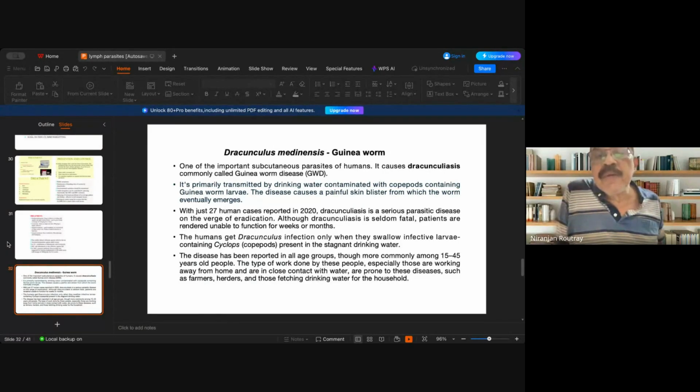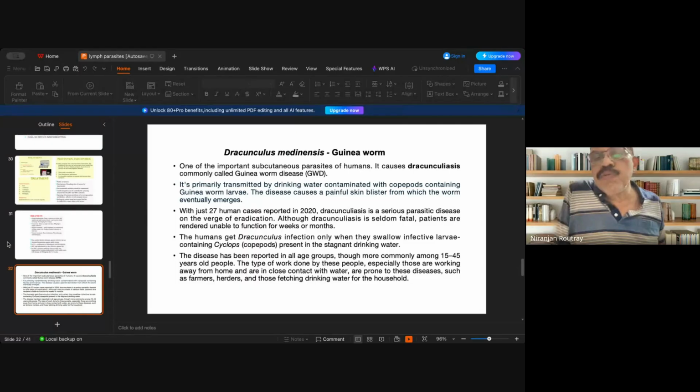The humans get dracunculus infection only when they swallow infective larva containing cyclops. As I told you, these are copepods present in the stagnant drinking water. The disease has been reported in all age groups. So age or sex does not determine it.